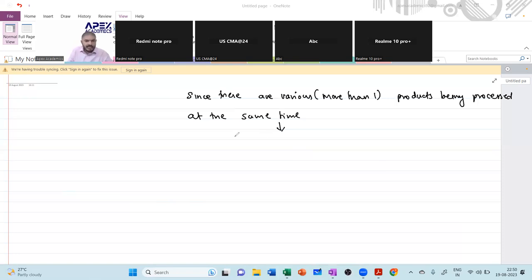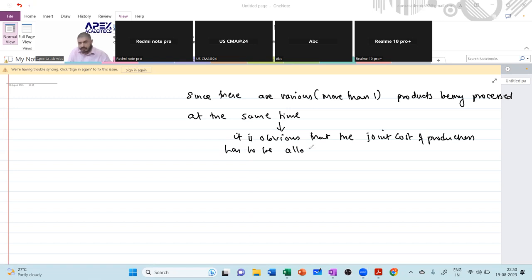It is obvious that the joint cost of production has to be allocated to these various products.